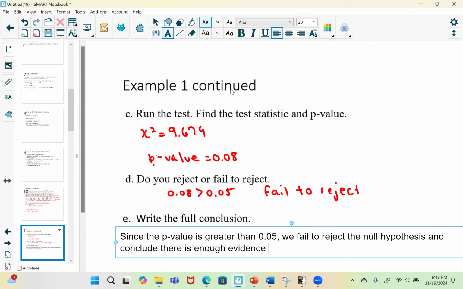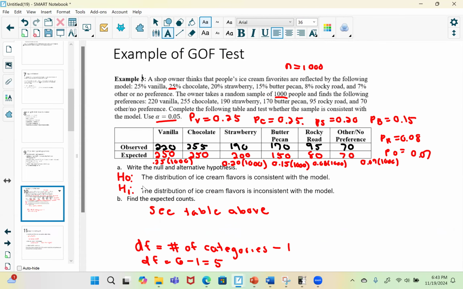And then remember, we always talk about the alternative hypothesis. So if I come back to my alternative hypothesis, we're going to say that the distribution of ice cream flavors is inconsistent with the model. Be careful about using the question, because in this case, the question says, is the sample consistent with the model?